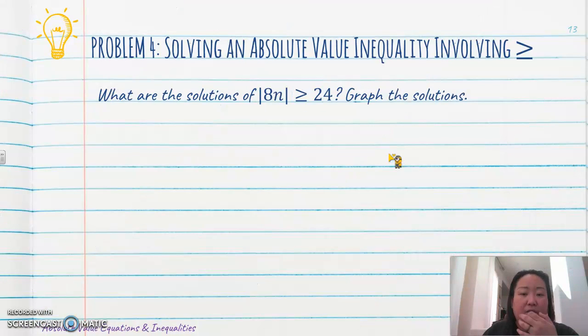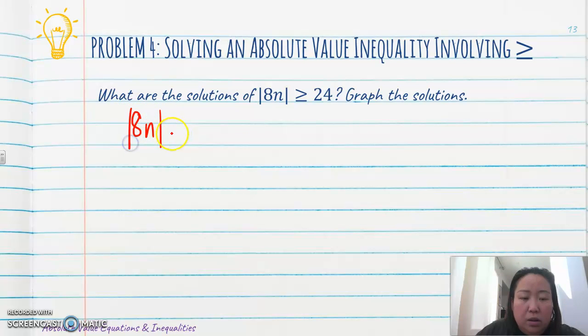Okay, so let's have an example here. We have the absolute value of 8n is greater than or equal to 24. When solving for whatever is inside your absolute value, remember, if 8n equals 24, we know that 8n should either be positive 24 or negative 24.